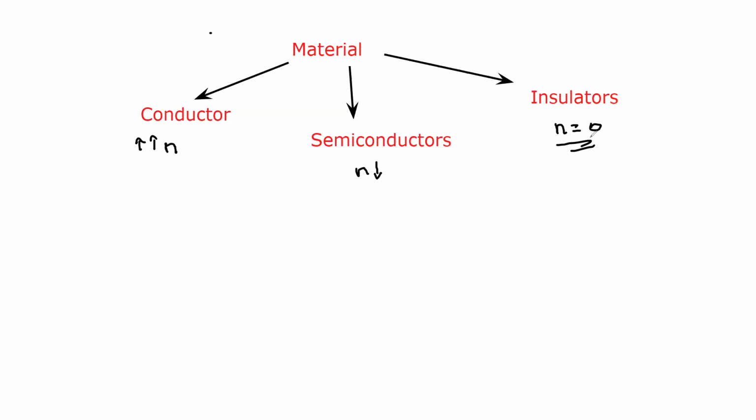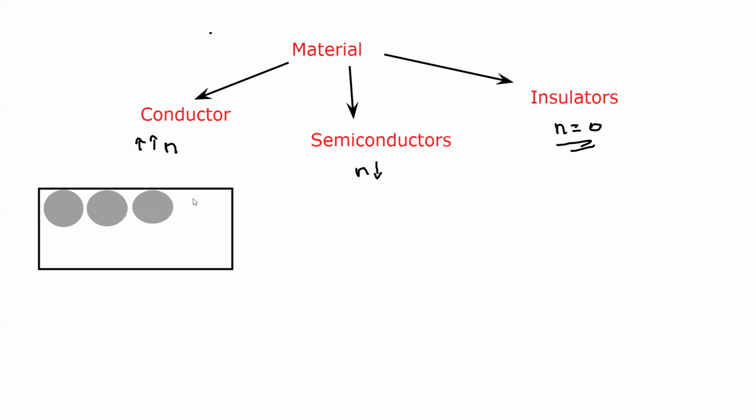And what is the reason for not having charges or having a different number of charges? It is the type, the structure of a material that decides how many free charges per unit volume. In a conductor, all metals are conductors, though the rate of conduction is different in different metals. The structure of a metal explains why metals are good conductors and have a high value of charge density.